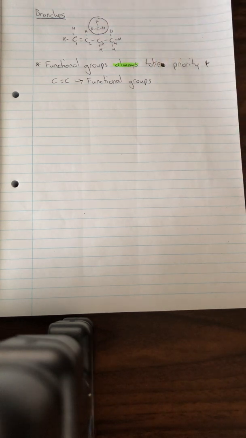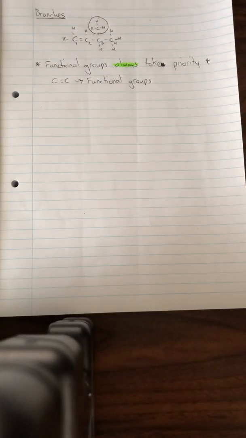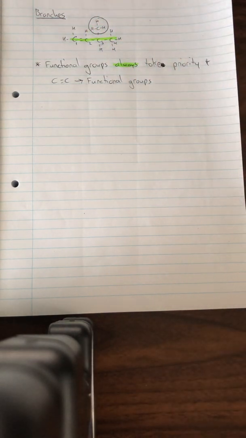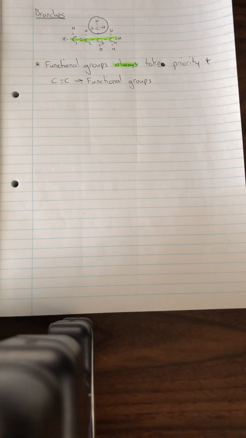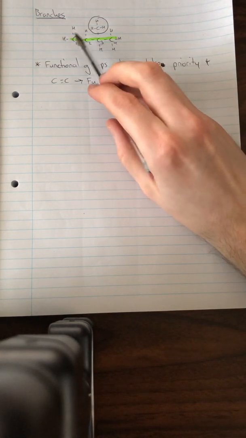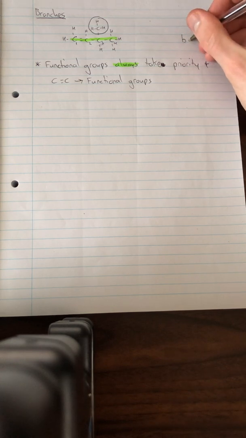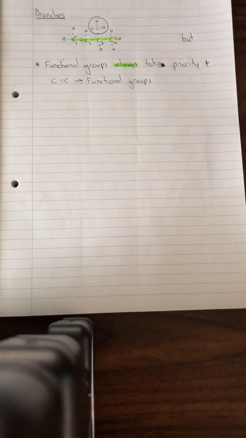we circle the branch. Now what you want to do is name the longest chain. So we need to name this chain here. How many carbons does it have? 1, 2, 3, 4. So that is but, because it's 4.